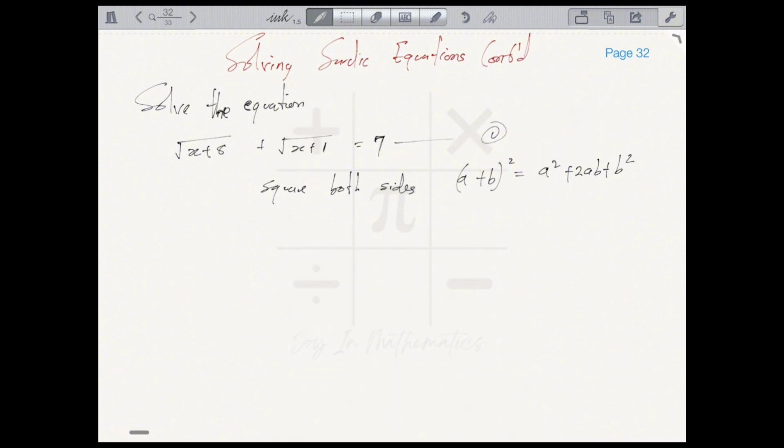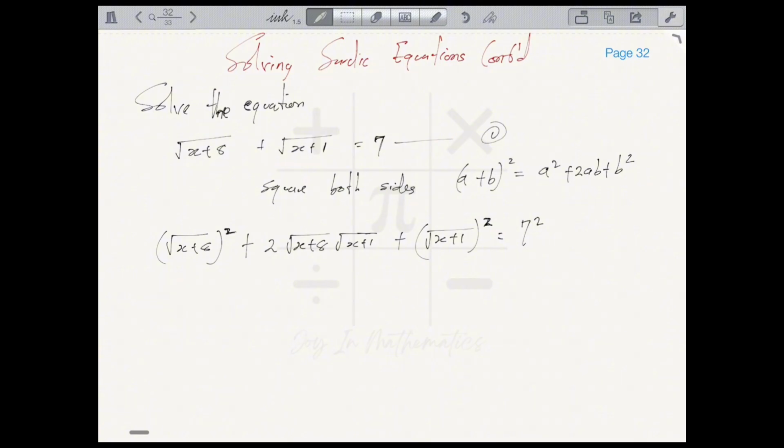So we'll have a squared, and that will give us x plus 8, plus 2ab, that's 2 multiplied by the square root of x plus 8 multiplied by the square root of x plus 1, and b squared, which is x plus 1, is equal to 7 squared. So let's simplify now.